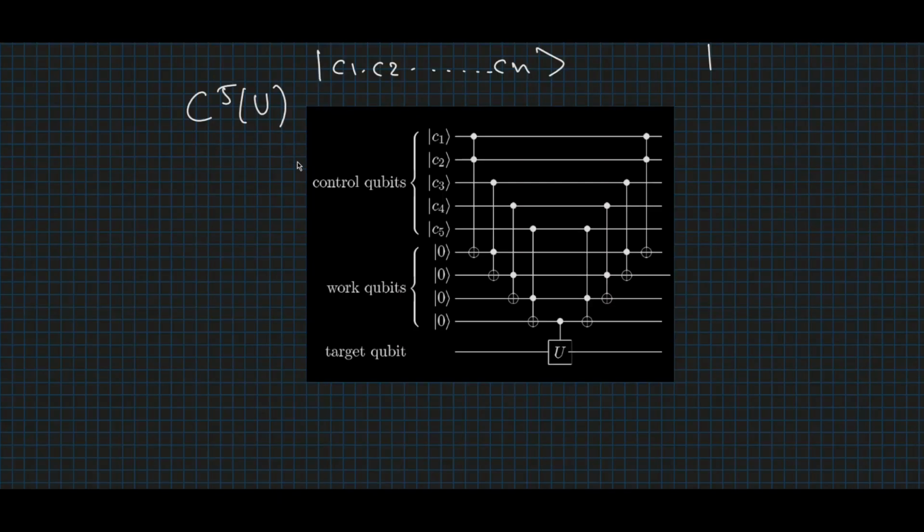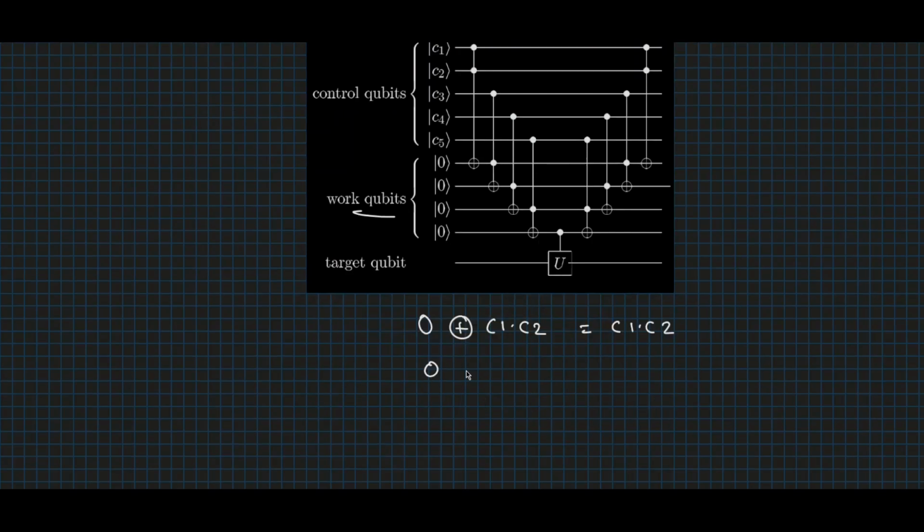This operation is represented by this circuit diagram. So first you can see that we have 4 work qubits in 0000 states, such that for the first operation of the Toffoli gate we have 0 XOR C1 C2, which will give us C1 dot C2, and for the second operation of the Toffoli gate we have 0 XOR, now this is C3 and this is the result of the first operation, which is C1 C2.